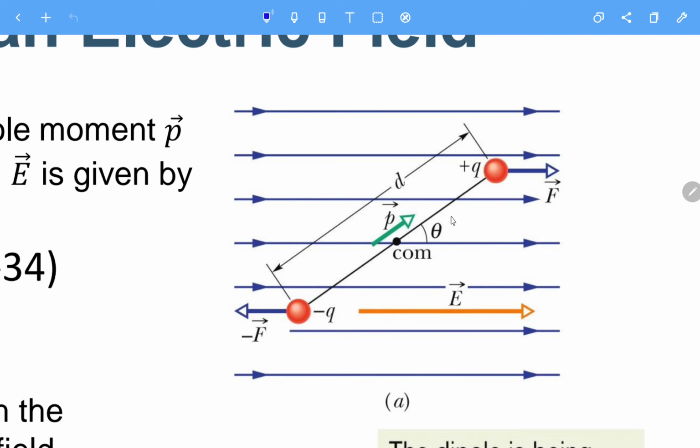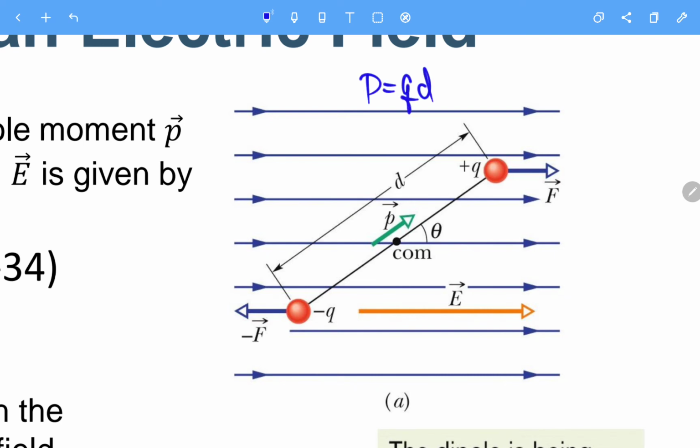We have a positive charge and a negative charge with the same amount at a small distance d. P is the dipole moment, from the negative charge to the positive charge, and the magnitude is QD. If you still remember, P equals QD.